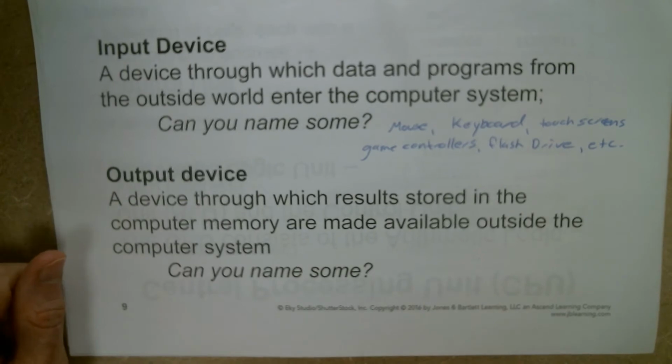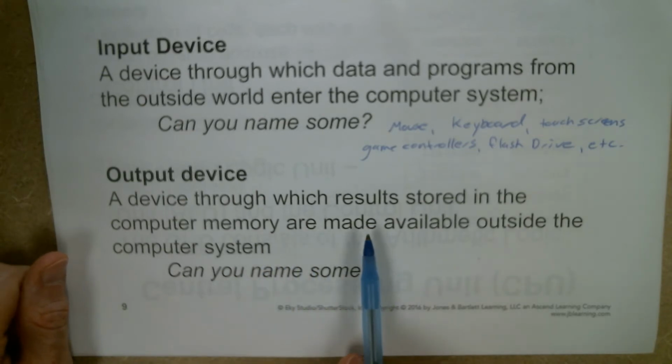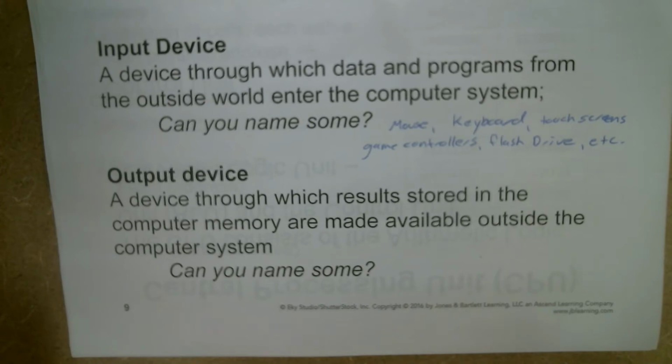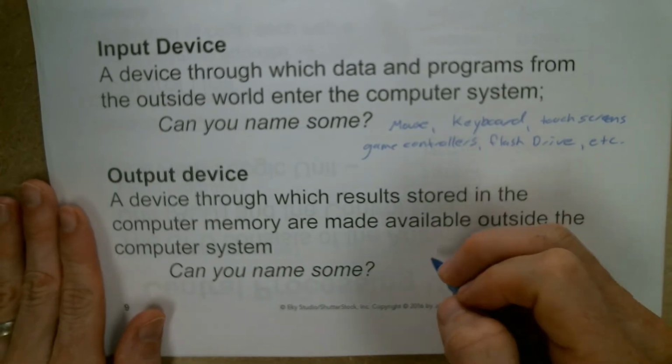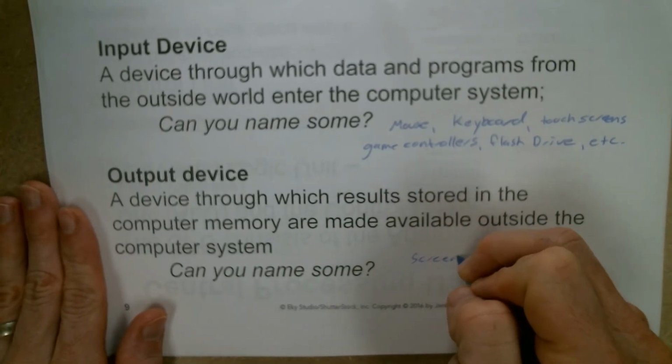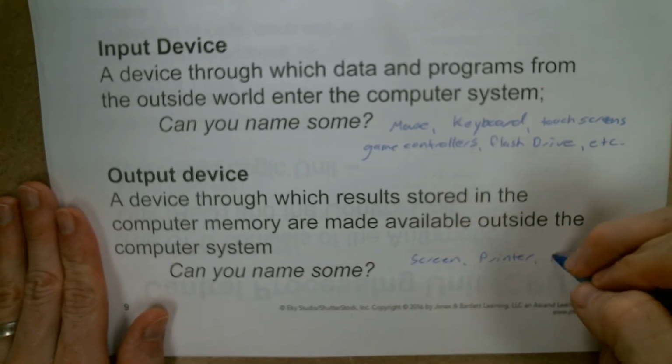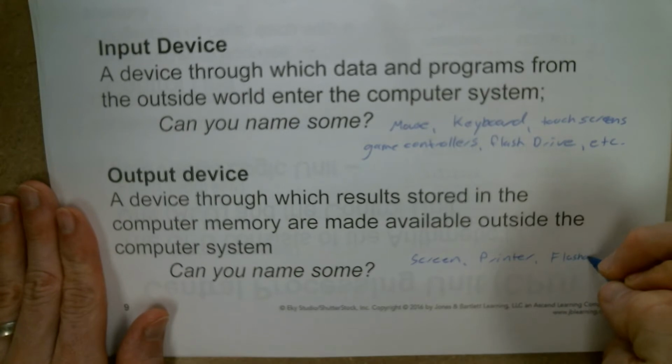An output device is a device through which results stored in the computer memory are made available outside the computer system. So again, can you name some? There are obvious ones like the screen. A printer is an output device. Like I said up above, a flash drive is both an input and an output device.